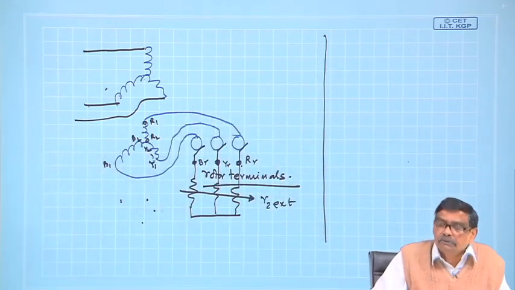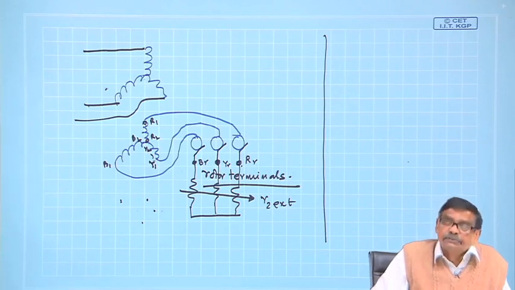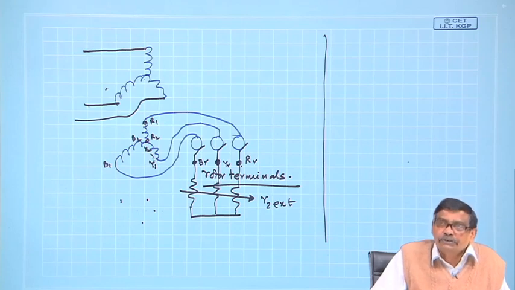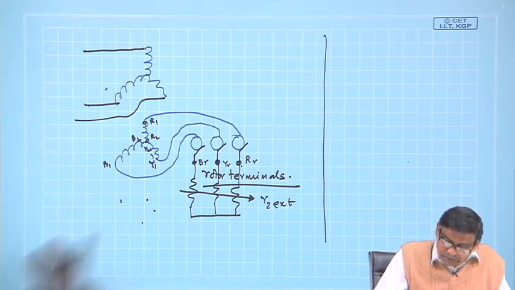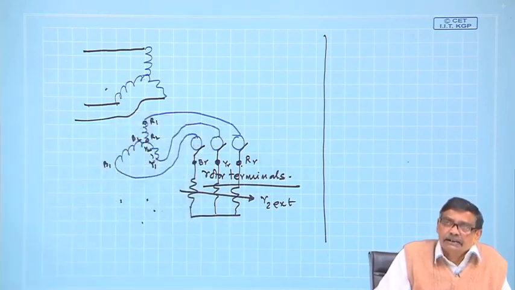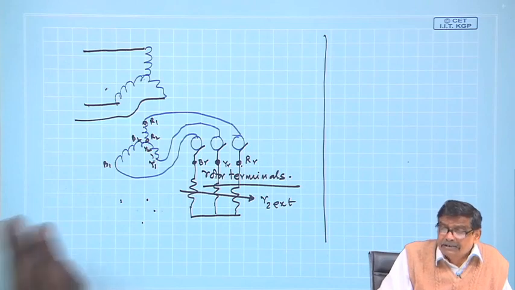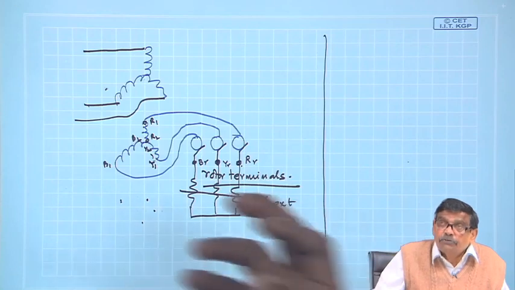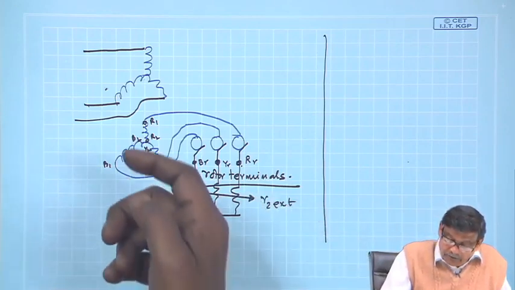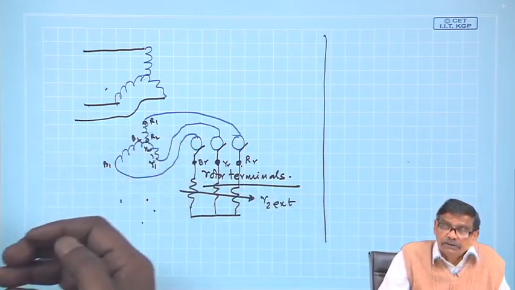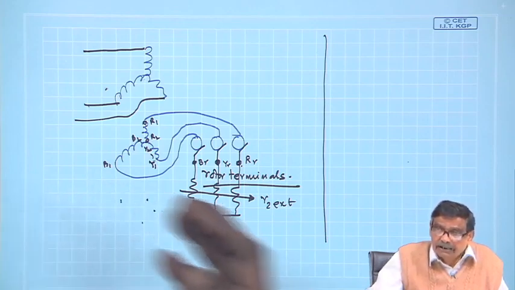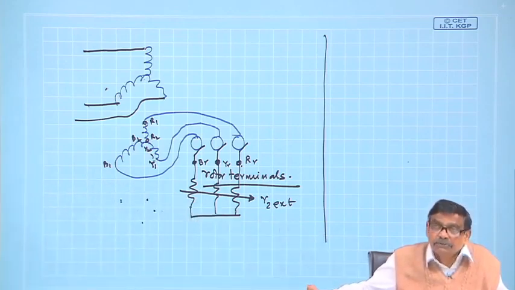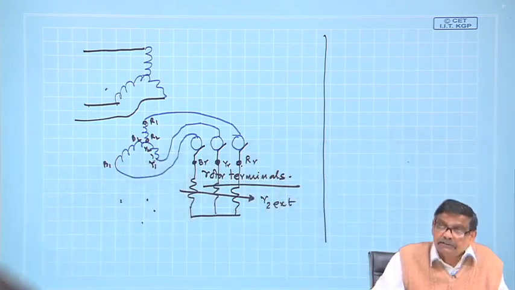Then what is the problem? The problem is that you have to use 6 slip rings and 6 brushes. So, it is really not done like that; you will never see a 3 phase induction motor with 6 terminals coming out from the rotor, because then the shaft length of the machine will increase, with 6 slip rings and 6 brushes.